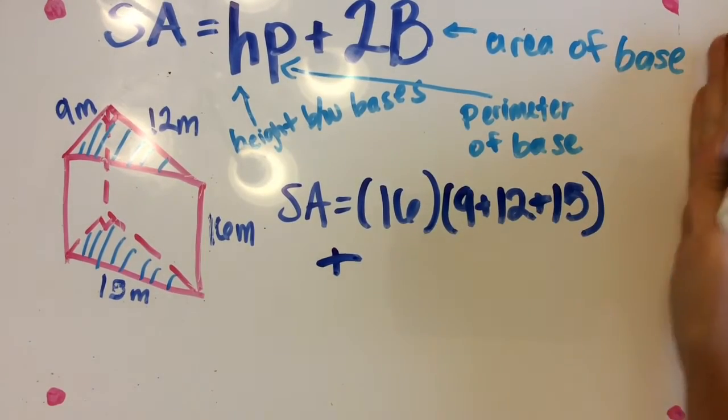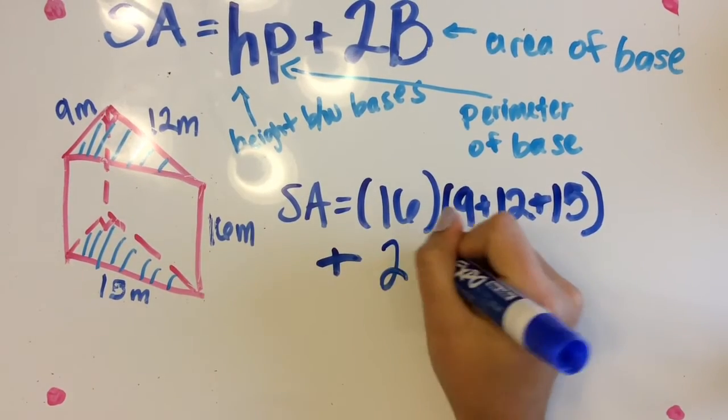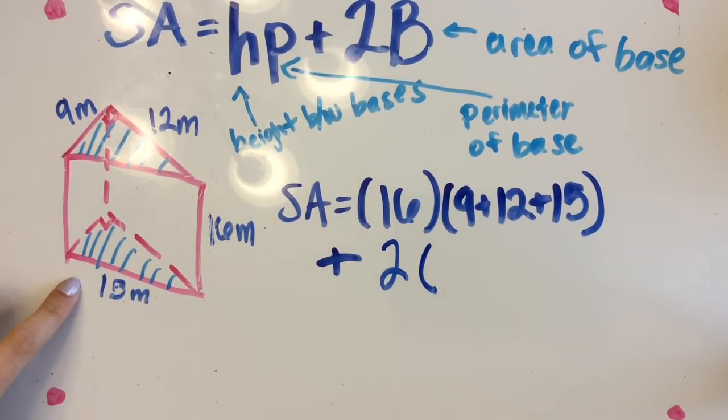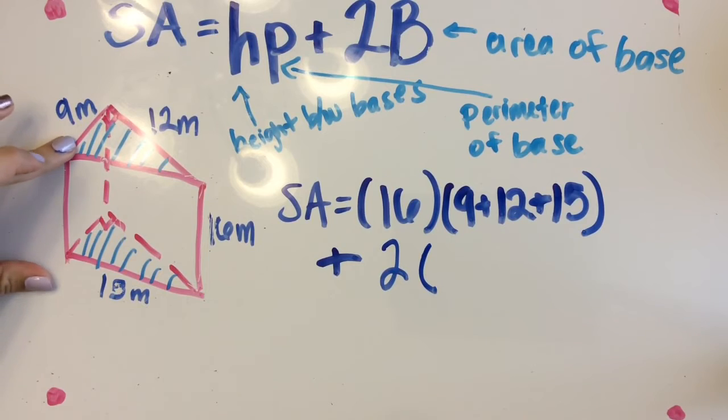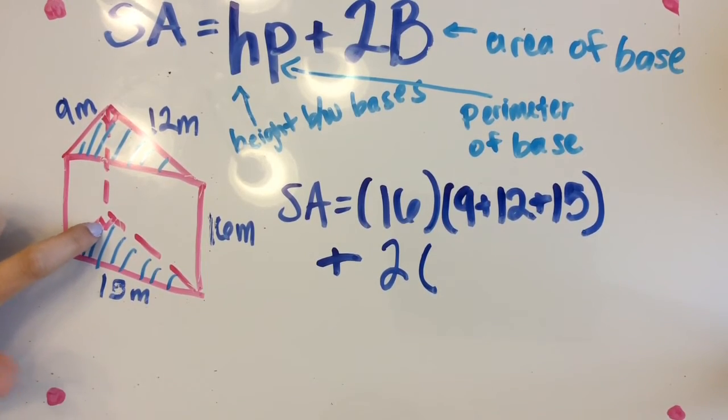Then I add it to 2 times the area of my base. My base is a triangle, so I need to use the triangle area formula. This is a lot of things put together. The area of a triangle is 1/2 times the base of the triangle times the height of the triangle. The base and the height have to be perpendicular, and it's labeled that I have a right angle, which means they're perpendicular.